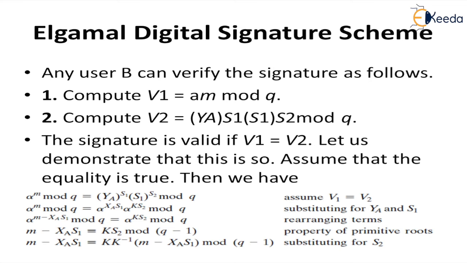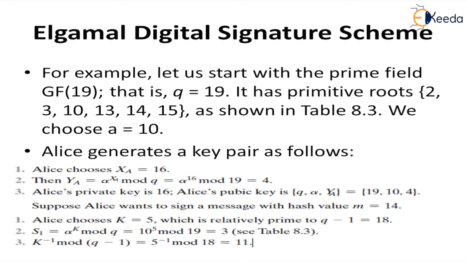This is rearranging the terms. By the property of the primitive roots, m minus x sub A S1 is equal to k S2 mod q minus 1, and substituting for S2 we get m minus x sub A S1 is equal to k times k raised to minus 1 times m minus x sub A S1 mod q minus 1.